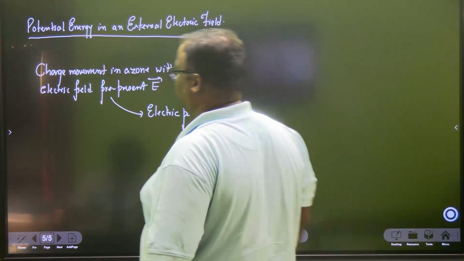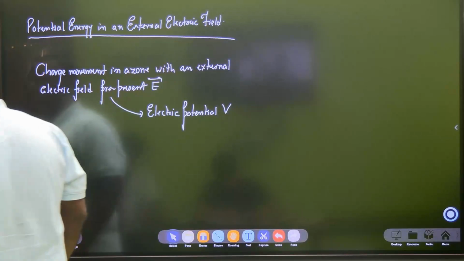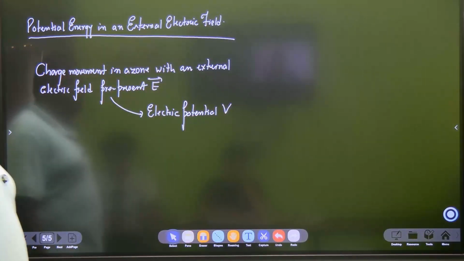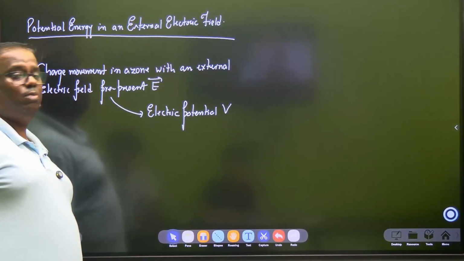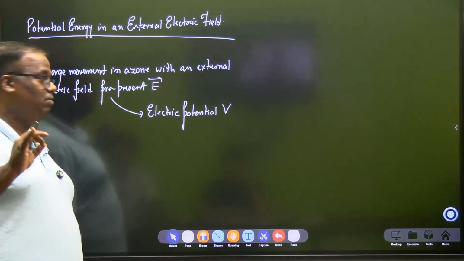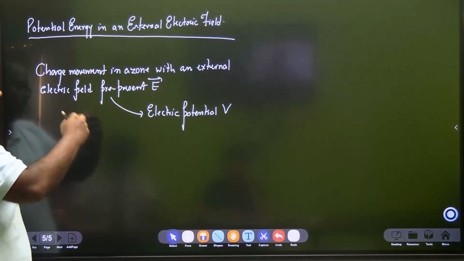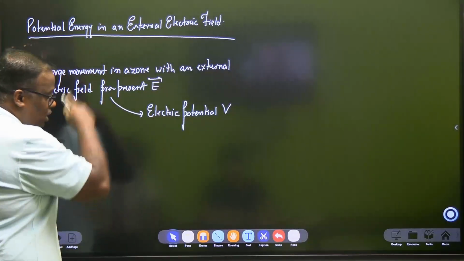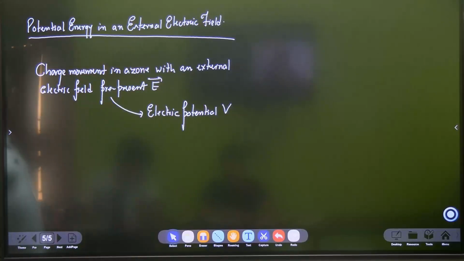We know that there is an electric field present, and this electric field will also have a potential created at that place. Wherever I'm trying to move the charge, at that place I may experience a potential V. Have you understood? There is an electric field here, and a charge is coming and getting placed here. At this place, there is a potential due to this field. That potential is V. Okay?